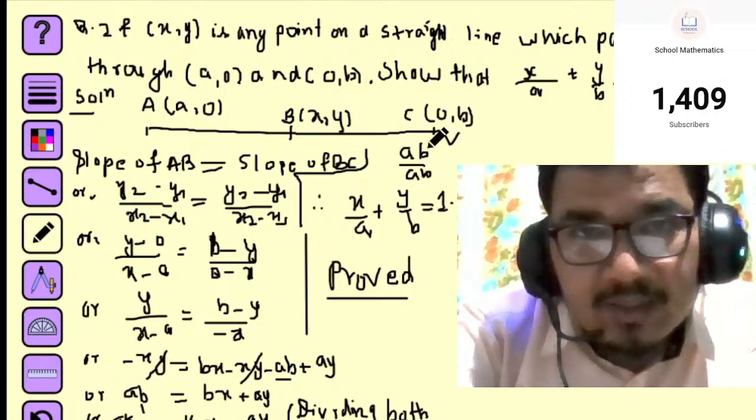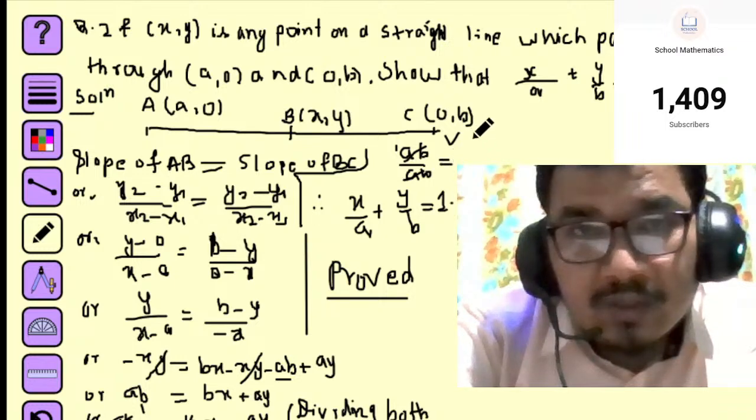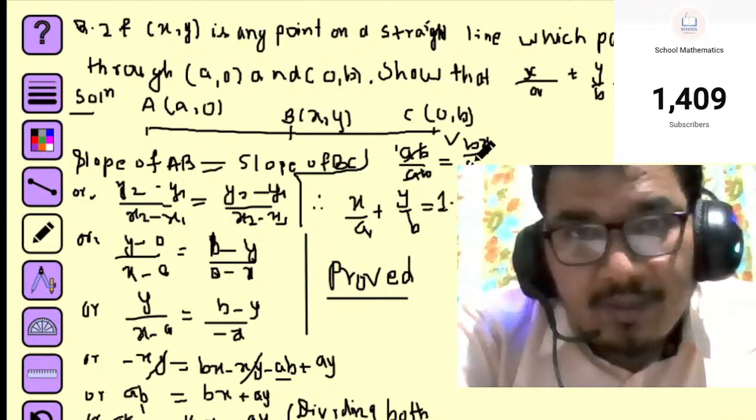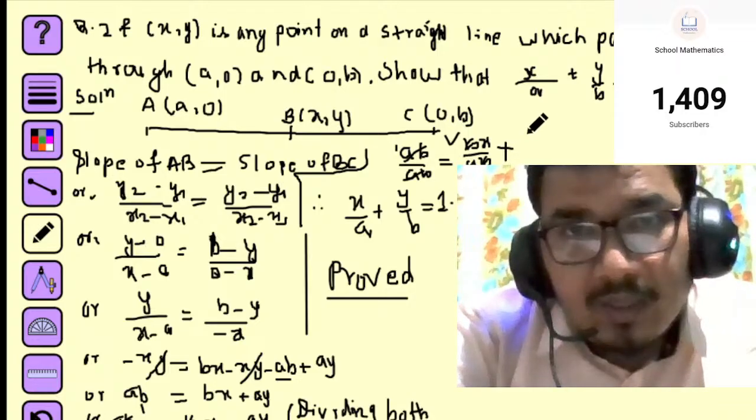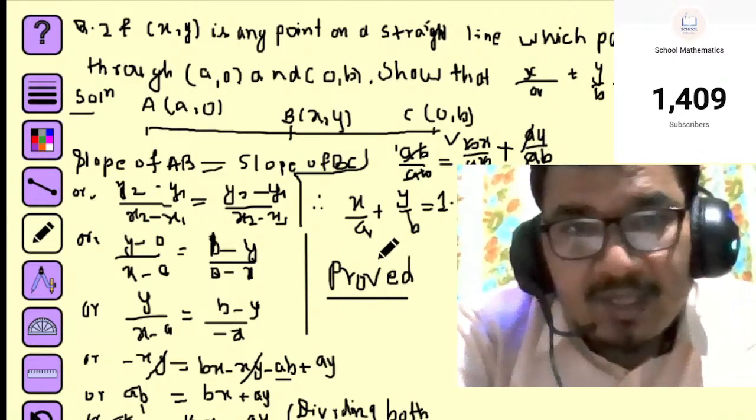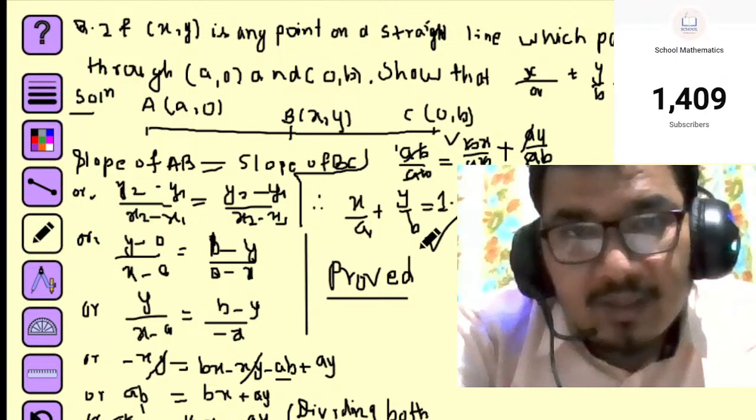AB divided by AB cancels and it is 1. On the right side there was BX, which was also divided by AB, so B cancels and A remains, X by A. The next term AY was also divided by AB, A cancels and Y by B was left. That result I have written here.